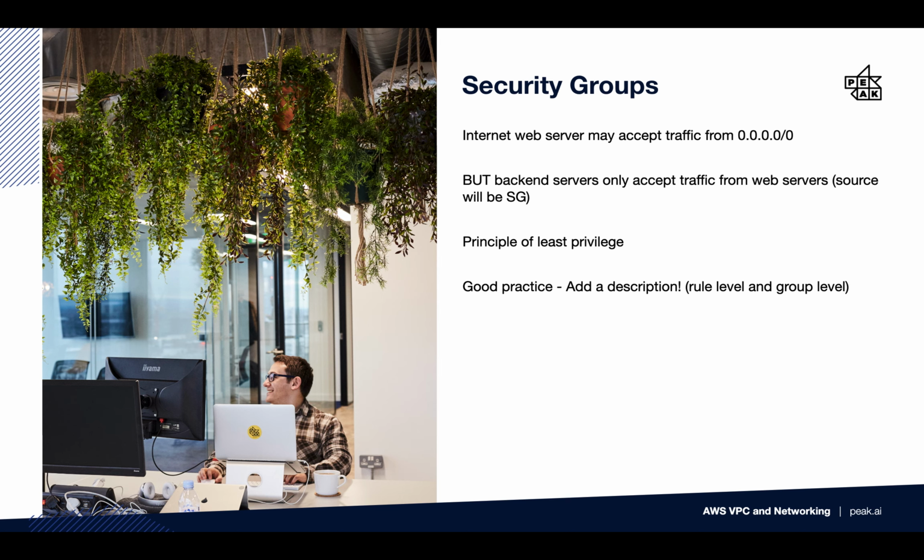So for example, you may have some temporary rules while you're debugging, and somebody sees it and they wonder why the security group has SSH access to somebody's home IP address. It's because they're trying to work out a problem. If you had a description, maybe who it's for, what it's for, then that just helps the communication and collaboration and so on.